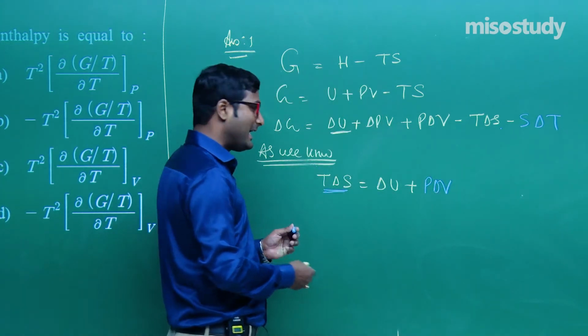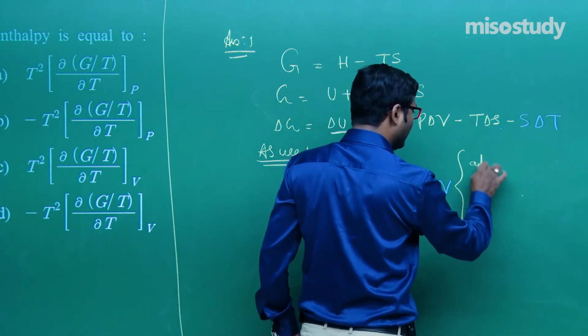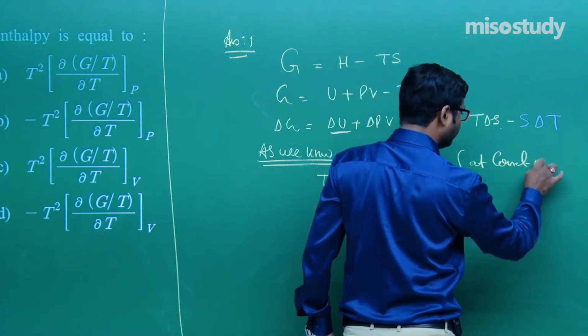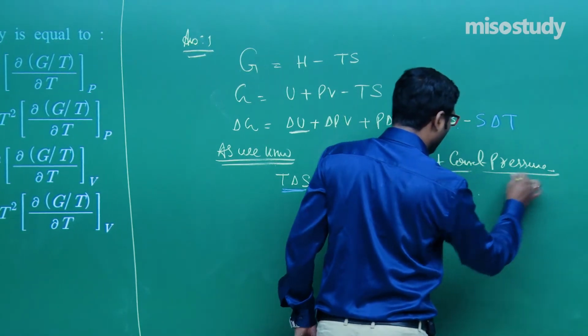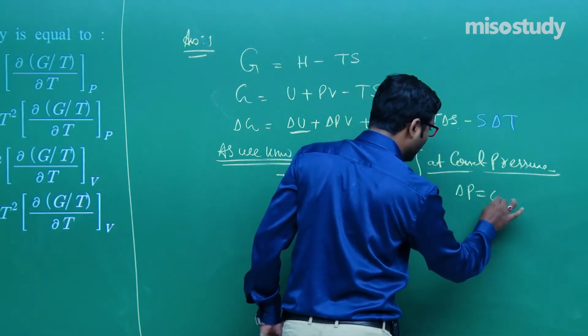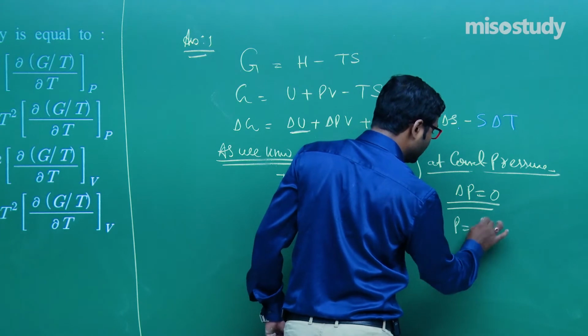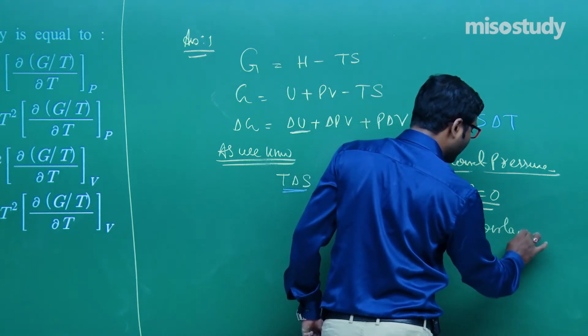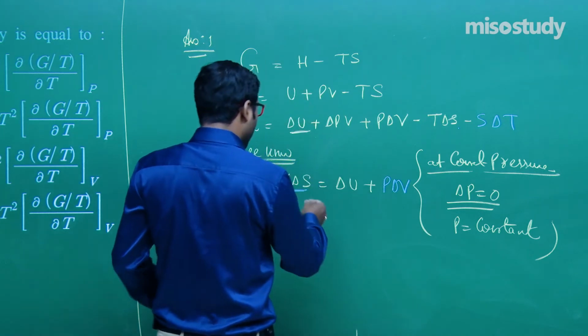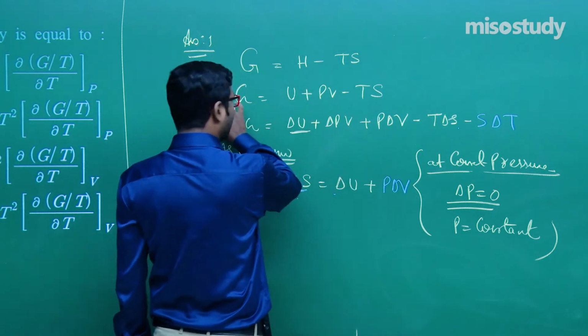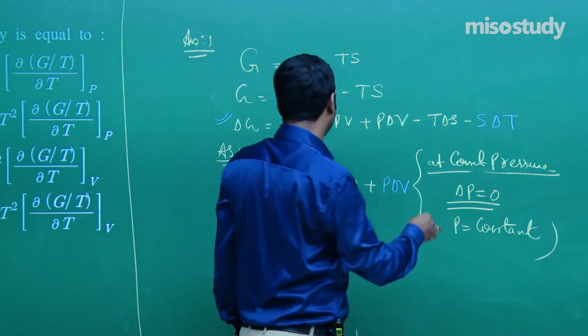P delta V, and at constant pressure, if the pressure is constant, then what will happen? Delta P is equal to 0 because P is constant and we are talking about enthalpy, that is heat content at constant pressure. Now put this value in the given equation, then what will happen, friend?